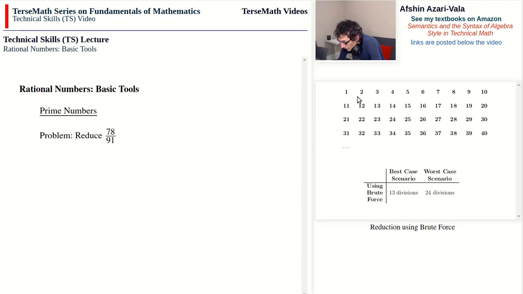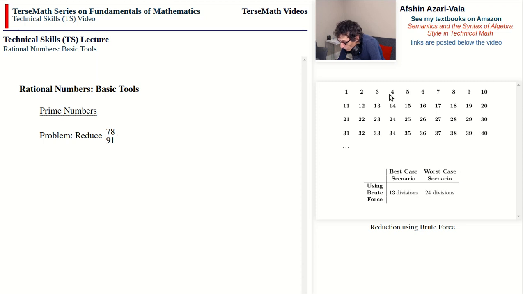So for 2, I have to do one long division to find out whether it works or not. Then 3 comes in. We divide the top by 3, again that's a long division, and we find that 3 doesn't work. Now for 78 again it works, but supposing it was a value for which 3 didn't work, then I would have to do one division. I wouldn't have to try the bottom, because if the top doesn't work, then I cannot reduce using 3.